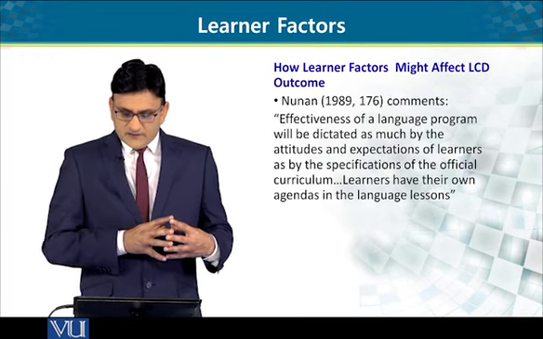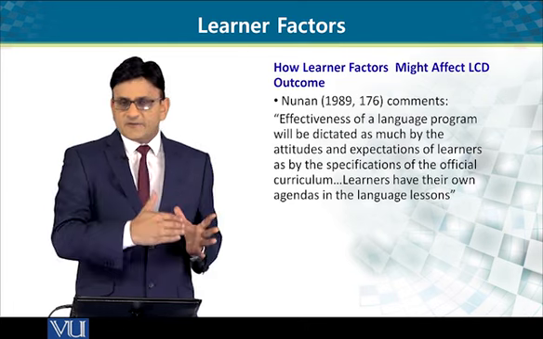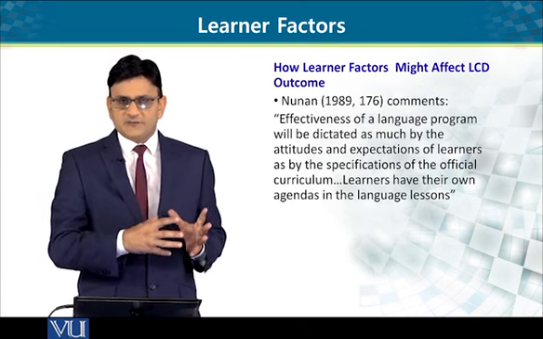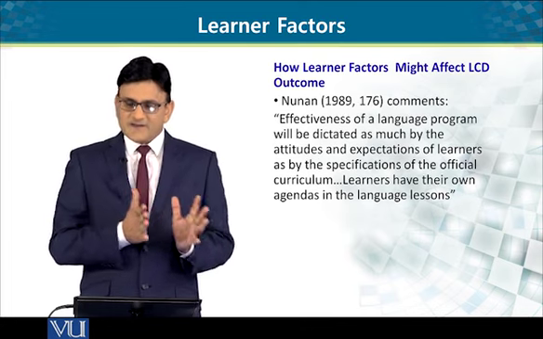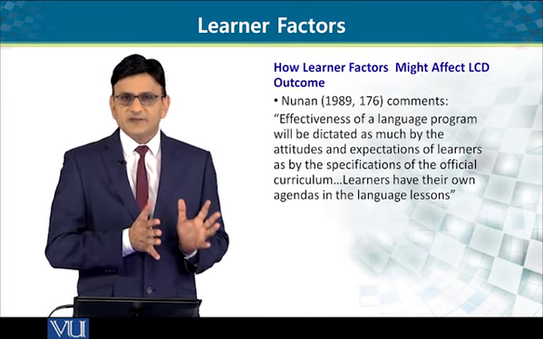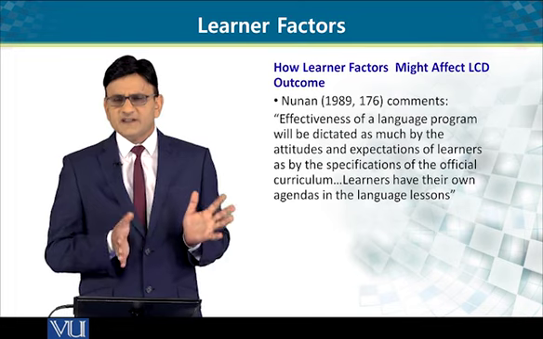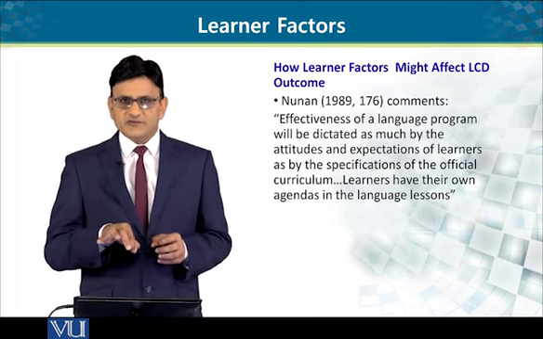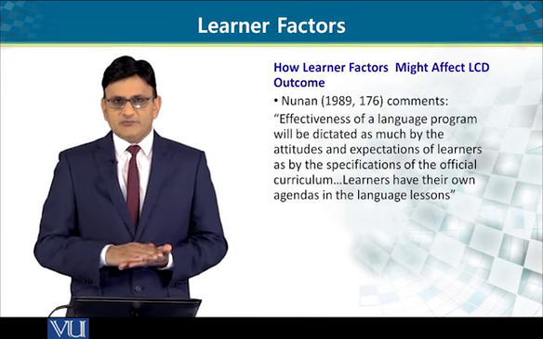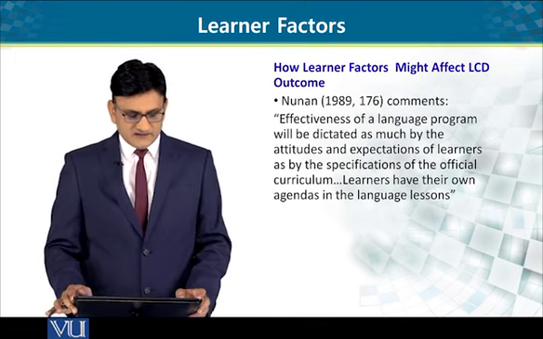What this quote indicates is that learners are key participants like teachers, like the institution. They have an official document in the form of a language curriculum, but on the other hand, learners have their own agendas, which can be explicit or implicit, and it is the job of the teacher to understand those agendas.